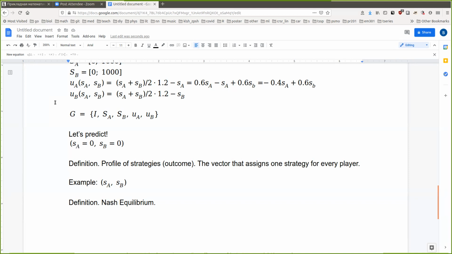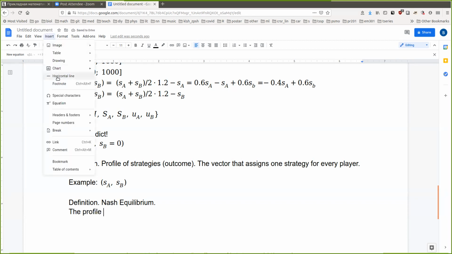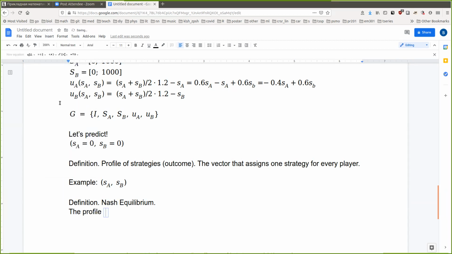So let me introduce some other notation, some more notation, before introducing the Nash equilibrium definition.